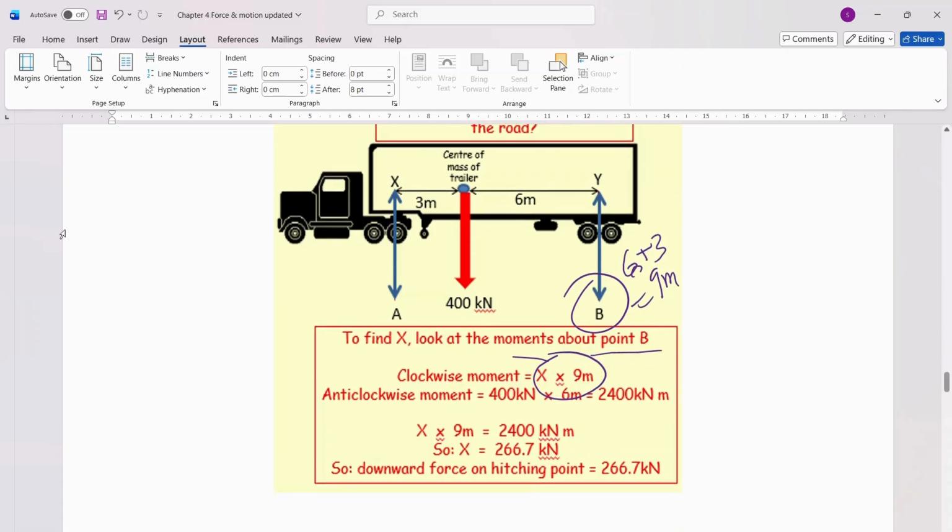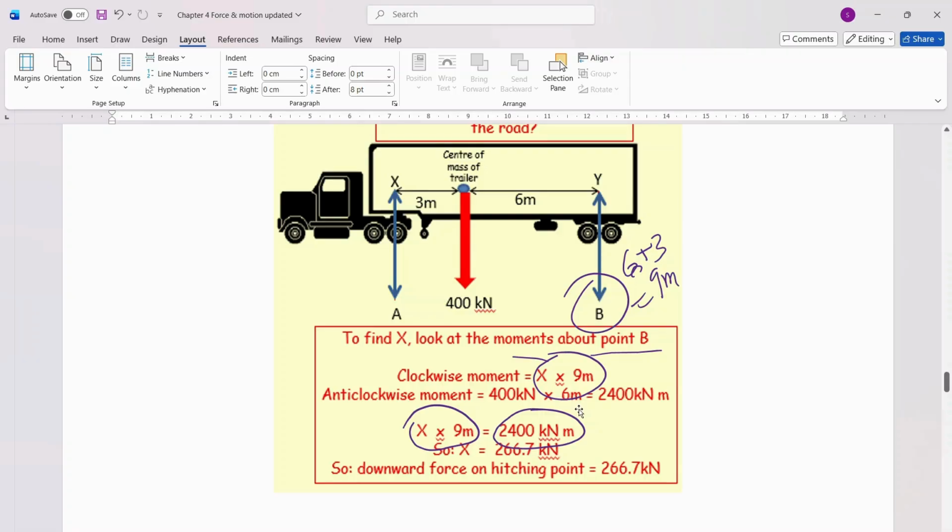Then anti-clockwise, we have the moment 400 kilonewton times 6 meters, so we have a total of 2400 kilonewton meter. Now X times 9 meter is equal to 2400 kilonewton meter.